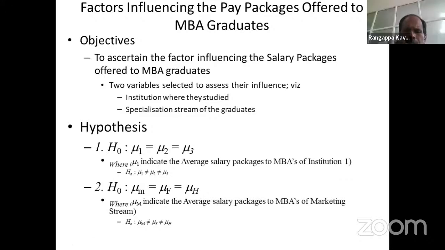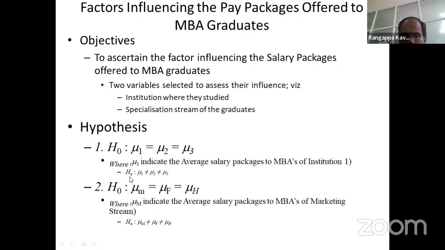The null hypothesis is that there is no difference in the salary package offered in the different institutions. For example, mu1, the average salary package to MBA graduates of institution 1, is equal to the average salary package offered to MBA graduates in institution 2, which is equal to the average salary package in institution 3.